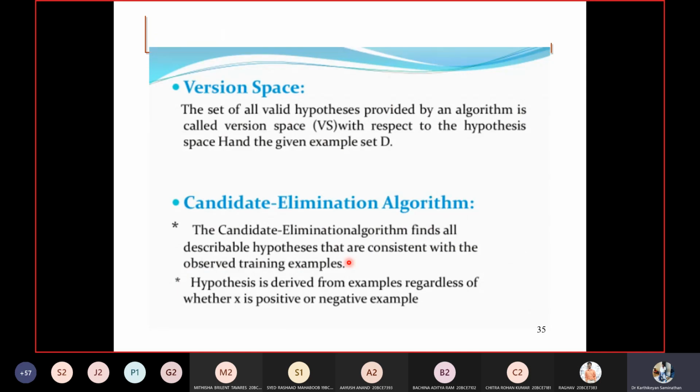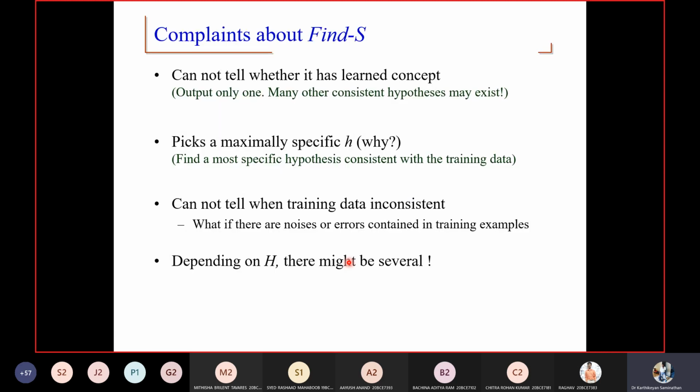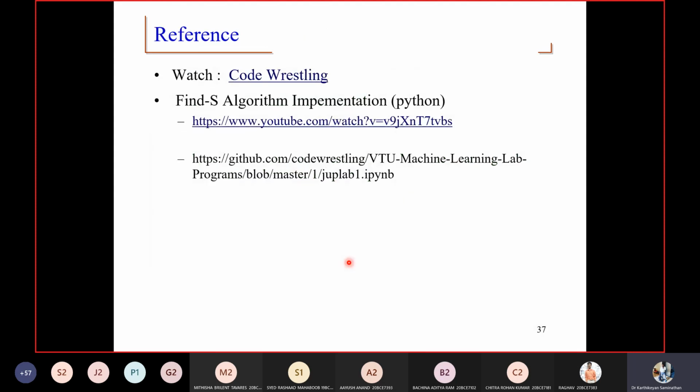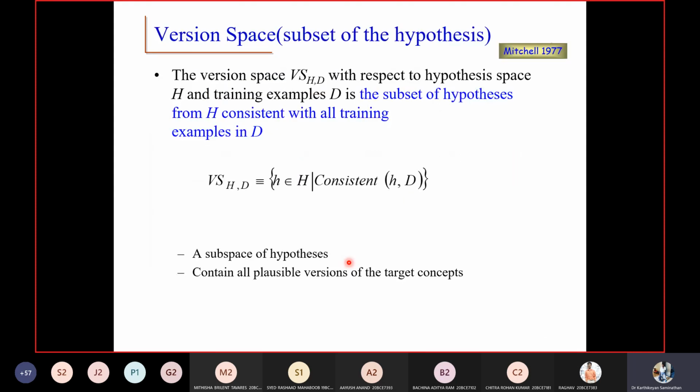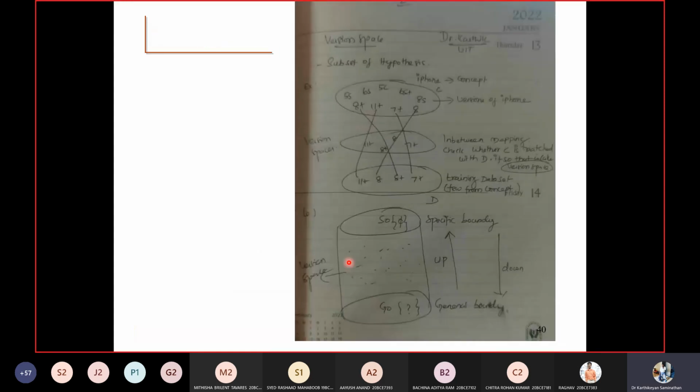The second one is the candidate elimination algorithm. This algorithm works for both positive test cases and negative test cases. I told you whenever there are two boundaries, one is a specific boundary, another is a general boundary.